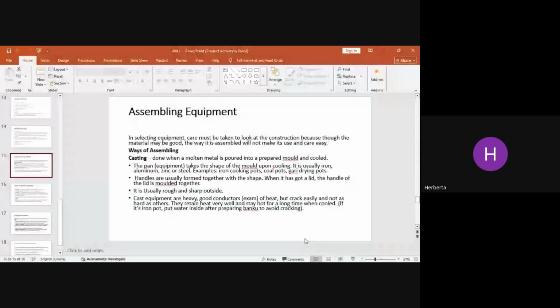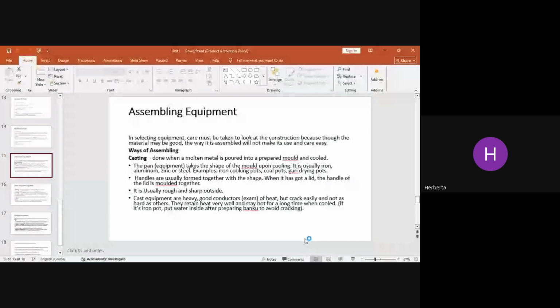So they melt the metal, they have a pre-informed shape, and they pour it into that shape. Then they allow it to solidify, and it is taken out. They take the item from the shape, and the shape can be reused over and over again. With this one, the handle is made together with the item.